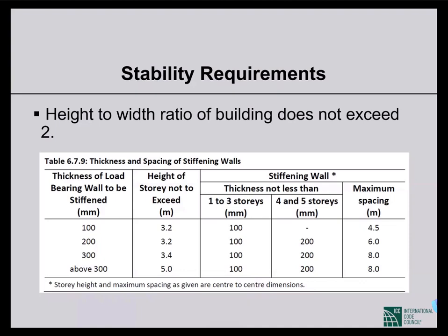So from stability requirement, we get the height of the building from height to width ratio of the building. So we get minimum thickness of the wall. Depending on the thickness of the wall, we get the height of the story from this table. And depending on the number of stories, we get the spacing of stiffening wall or cross walls.